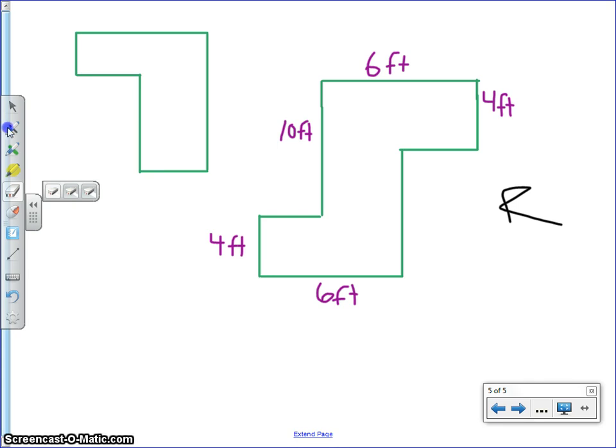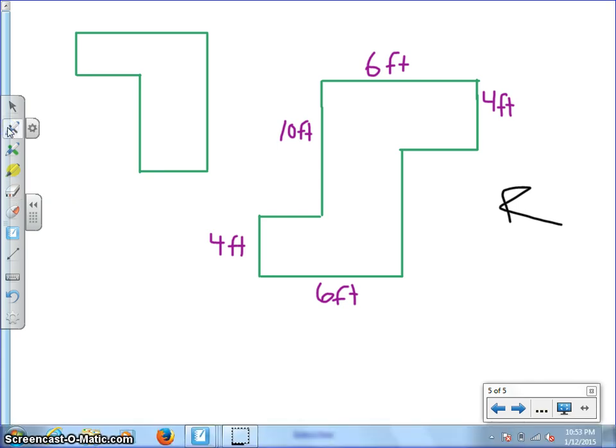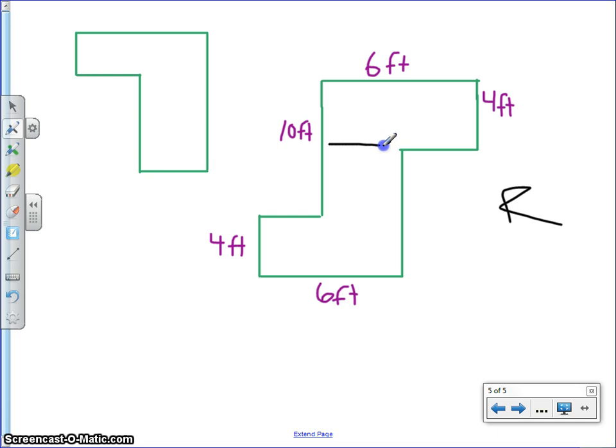And I'm going to do that by breaking up. I broke this other one up into 2 rectangles. Well, I'm actually going to break this shape up into 3 rectangles. I'm going to do so by drawing a line here and drawing a line here. Okay? So now I have 1, 2, 3 rectangles that I need to find the area of.